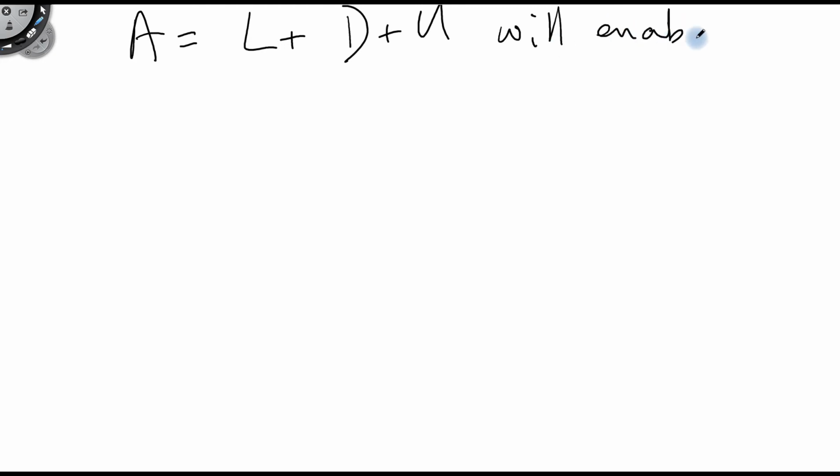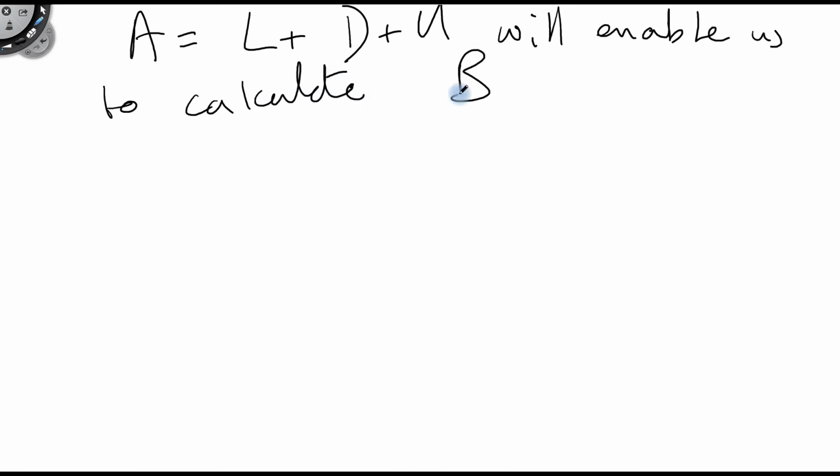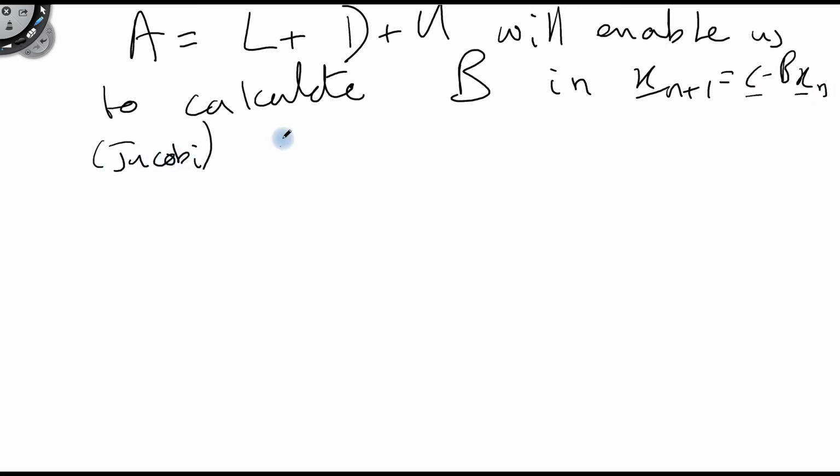So A equals L plus D plus U will enable us to calculate B in x of n plus 1 equals C minus B x of n, Jacobi, directly.